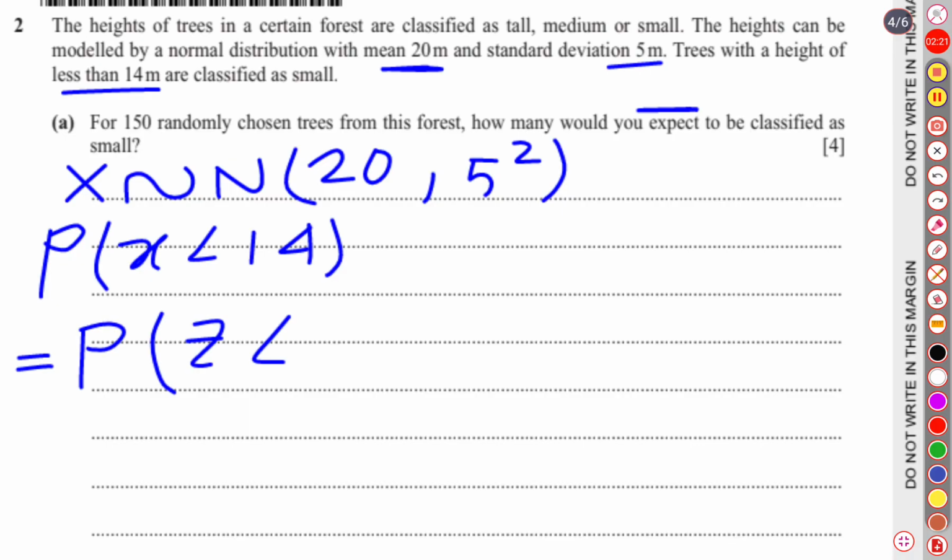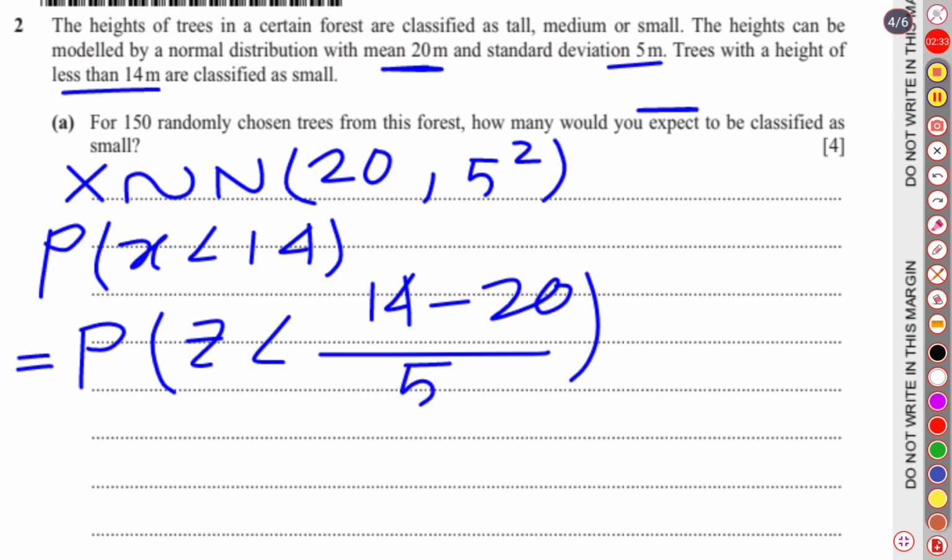Z is less than 14 minus mu, which is 20, over standard deviation, and the standard deviation is 5, already given in the book. Then if we subtract this, it must be negative. Z is less than negative 6 over 5, which is definitely 1.2.